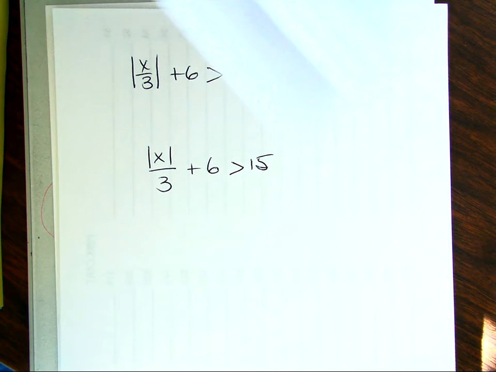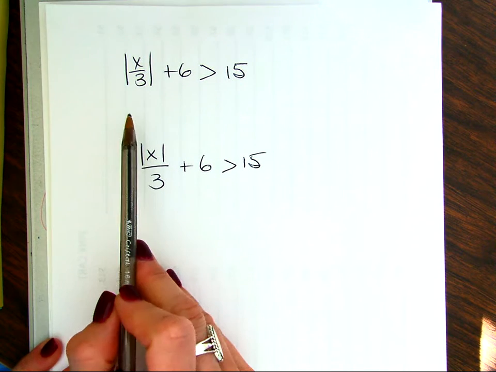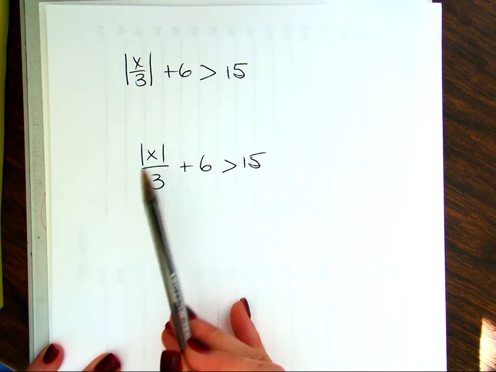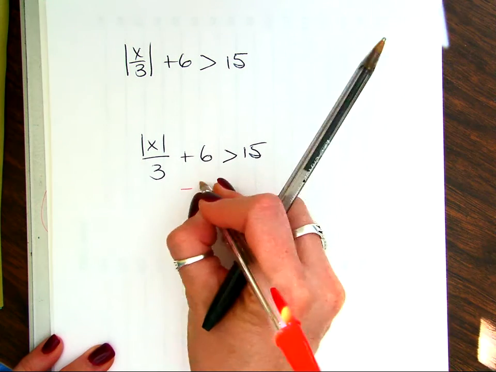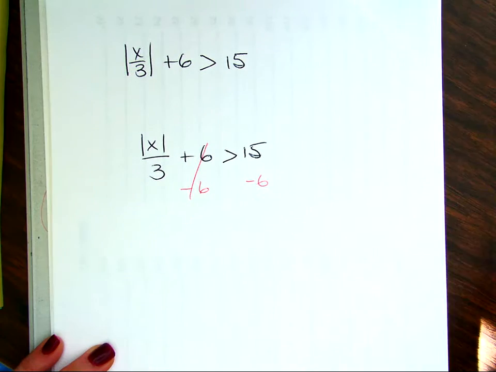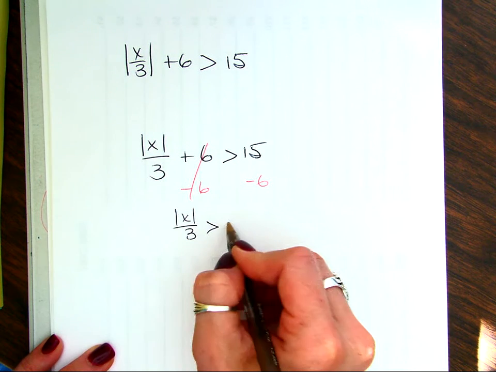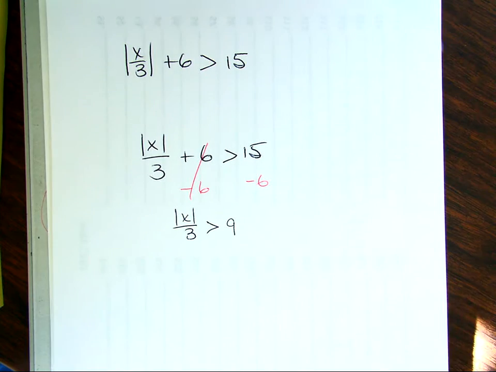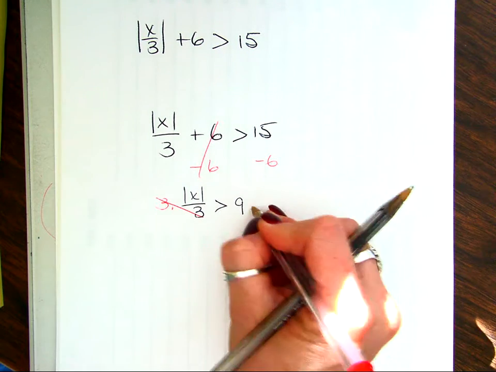What's different about them? The absolute value is only around the x. Right. So we just did a problem like this, right? Where the bottom wasn't in there. So I know, you would subtract 6 from both sides. You would get the absolute value of x over 3 is greater than 9, and then you would multiply both sides by 3, right? Just like we did a minute ago.